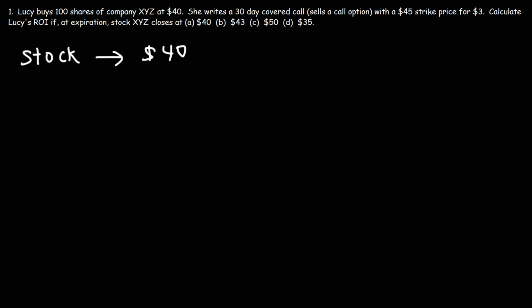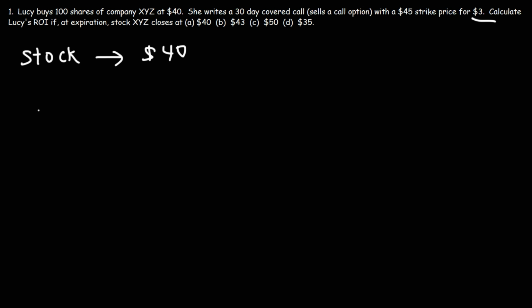So what happens to the call option? The call option expires worthless, which means she keeps the $3 premium that she obtained for selling the right to buy her stock at $45.